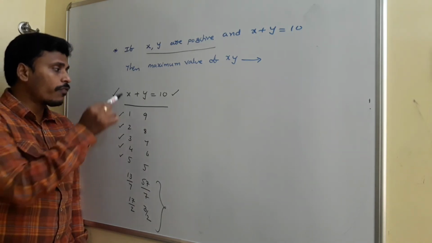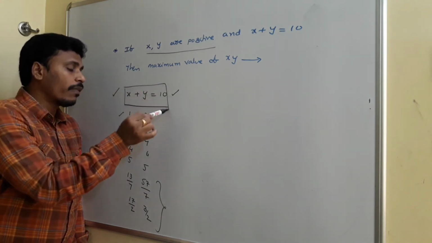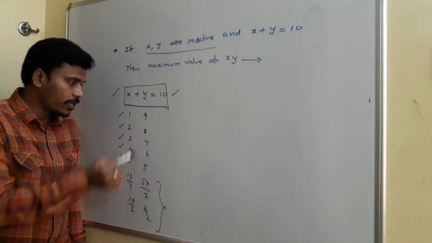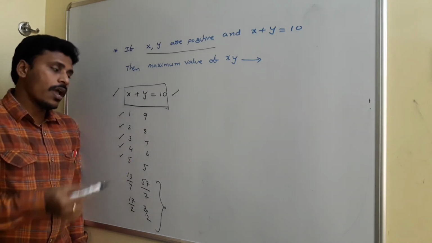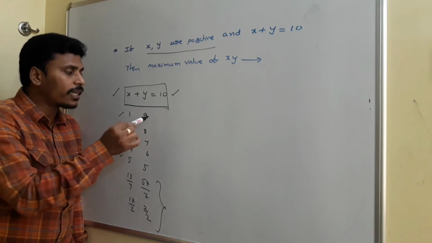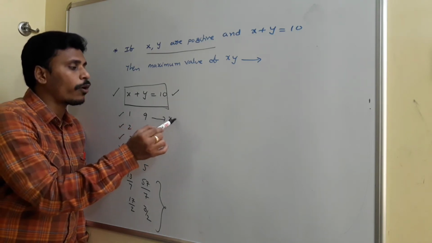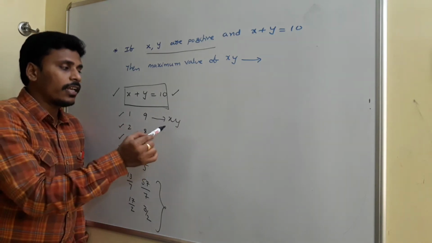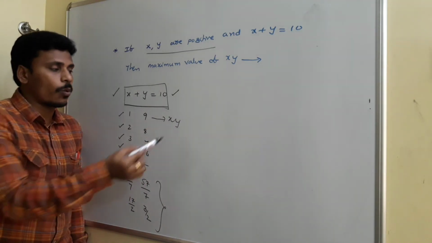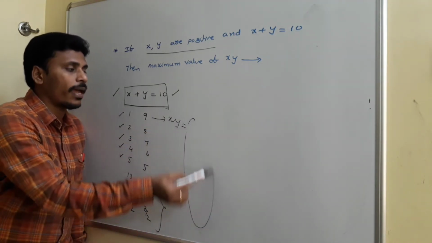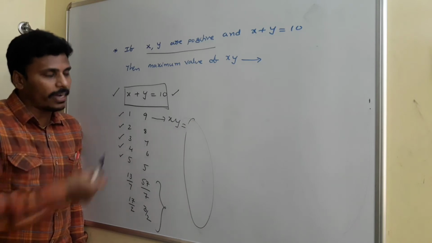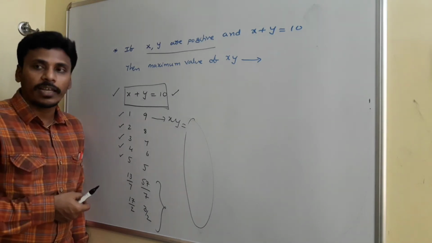Look at the problem. If x plus y is equal to 10, there are many chances to consider x values and y values. In every step, you need to calculate the product x and y, and among all those products we need to mention the maximum value for that xy, right?